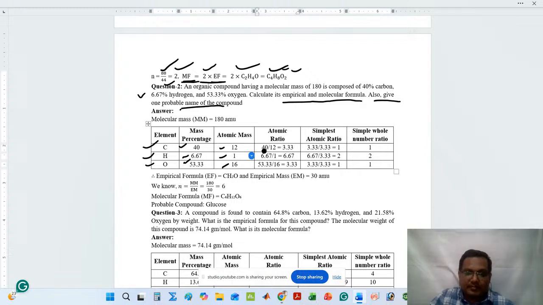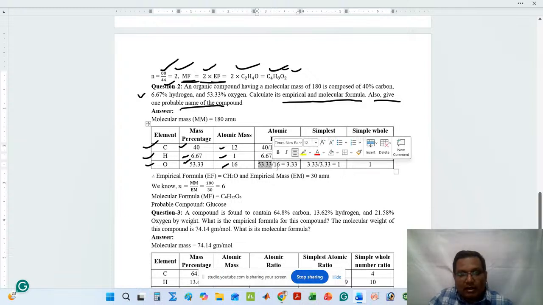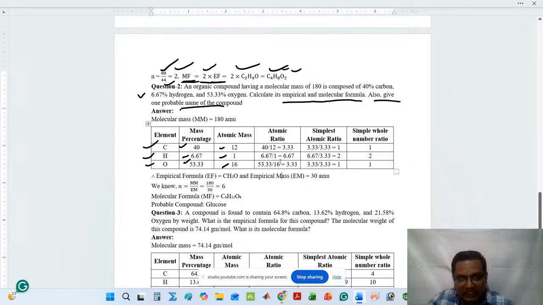Here the percentage composition is 53.33. The atomic mass is 16. So here I can write 53.33 divided by 16, that is 3.33.